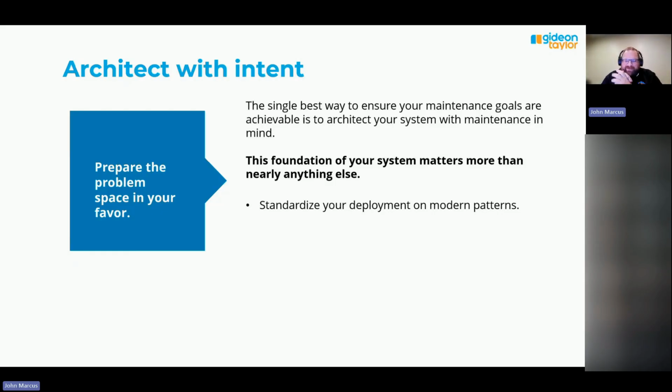Ways to do this, there's several. I'm going to stress some of the ones we use the most. Standardize your deployments on modern patterns. There's several modern patterns that I've come across systems, even from 6-7 years ago, that don't leverage. Decoupled homes is a big one. I'm still occasionally finding PeopleSoft systems that have coupled homes.